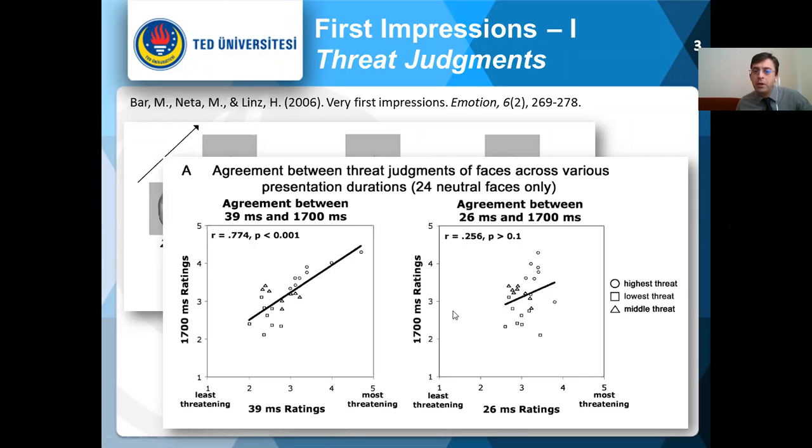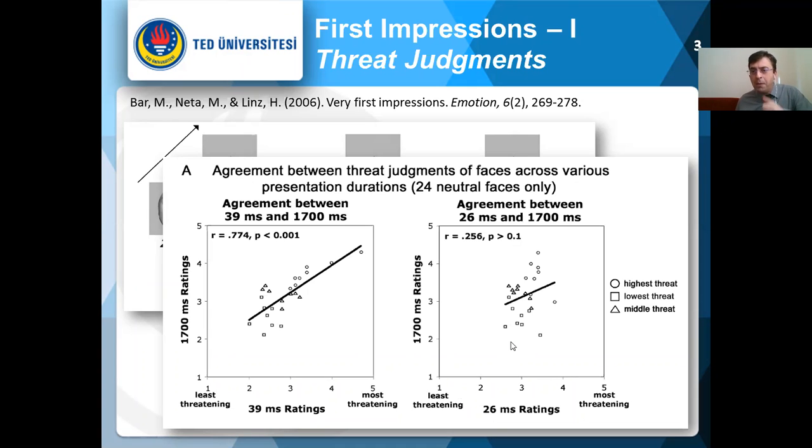So what do we observe in these two panels? These are 24 neutral faces only, they do not have any threatening stimuli emanating from them. But what we observe is this. Look at the right panel now. Let's assume that I am the participant. I am exposed to a face for 26 milliseconds, and I make a very fast judgment about whether it's threatening or not.